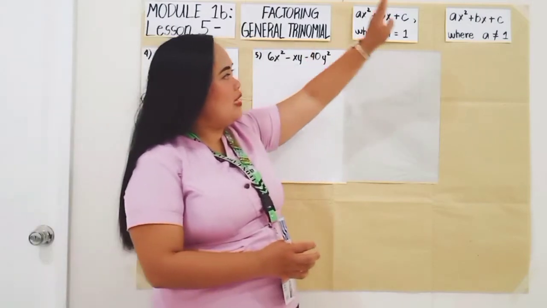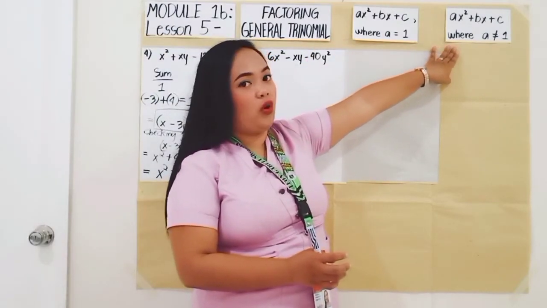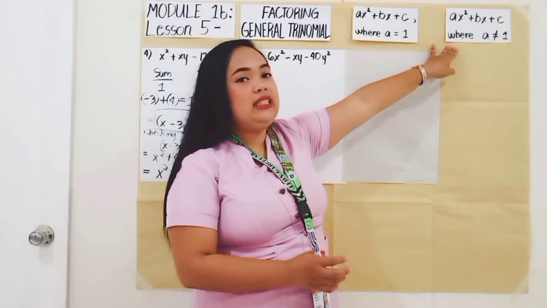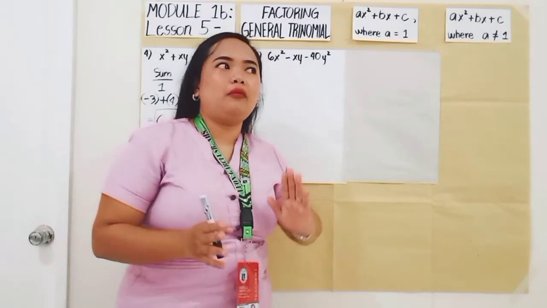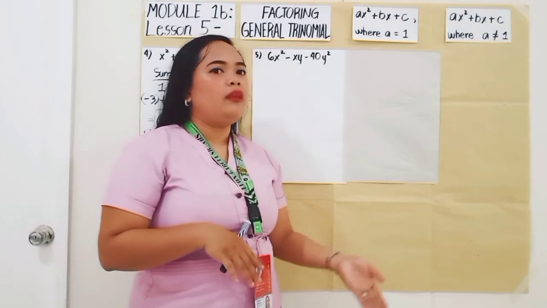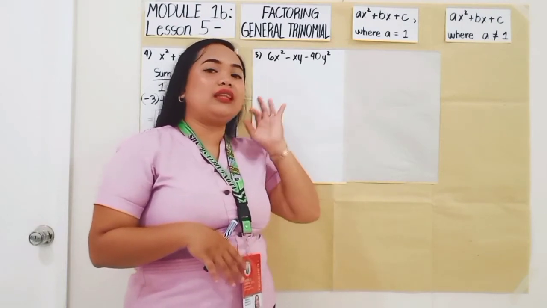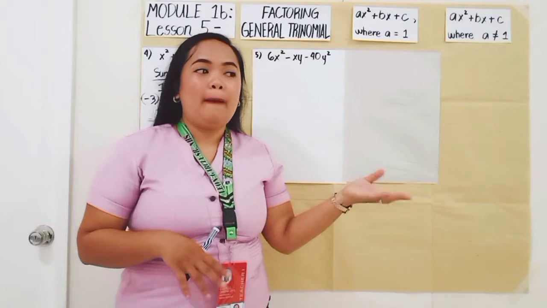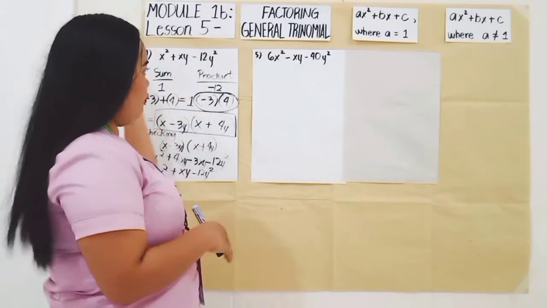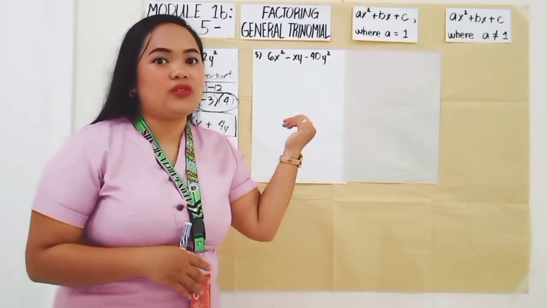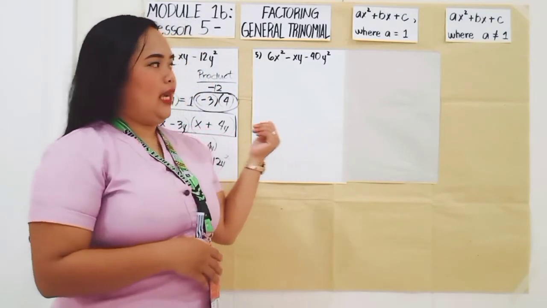So meaning to say, we will use this form where a is not equal to 1. So the method we will use is different. We will still use the trial and error method, but not in the same manner as in our previous examples, examples 1 to 4. Okay?